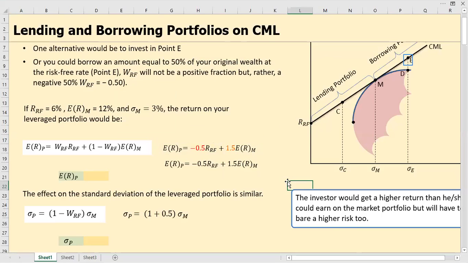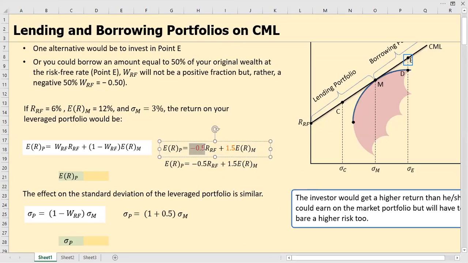That means 0.5 from the outside we borrowed, and we had 1. So 1 plus 0.5, altogether we have 1.5 to be invested in the market portfolio. Now there is another criteria you can understand this.